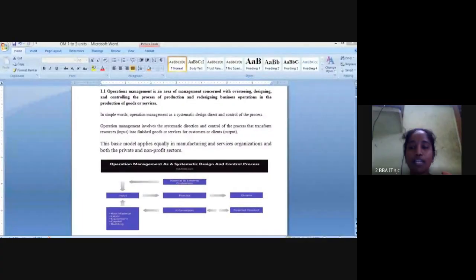Operations management is the systematic design and controlling of a process. It depends upon the organization, or any type of organization. Inputs are required, and inputs being converted into output is called operations management.